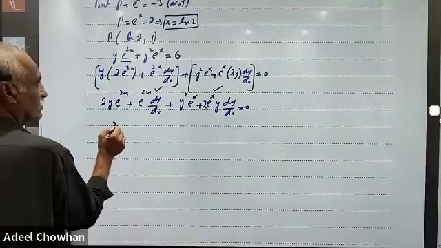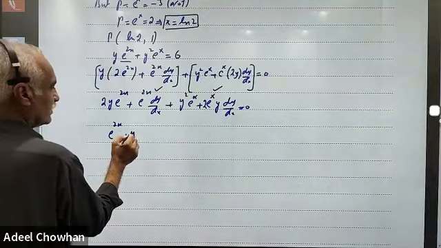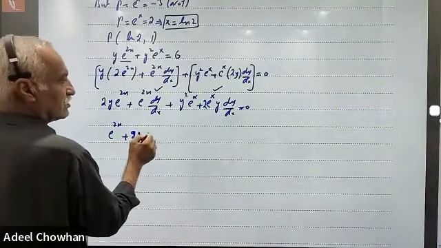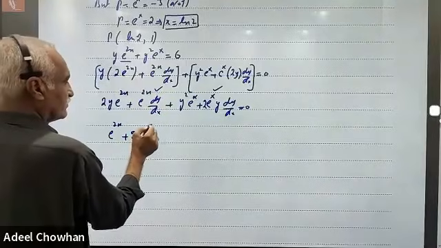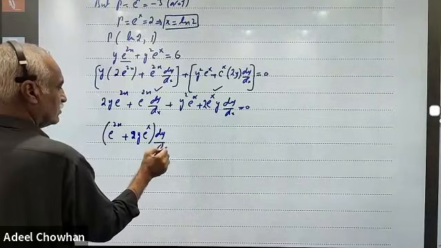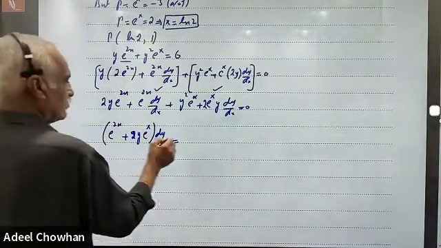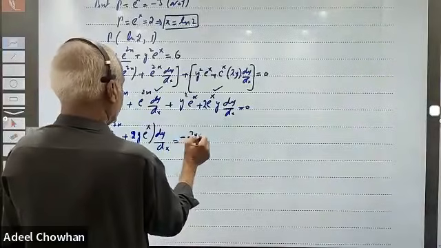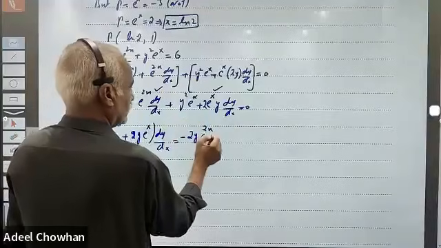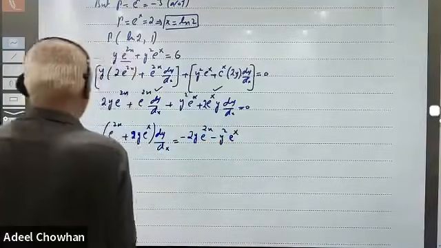So e power 2x plus 2y e power x into dy by dx is equal to minus 2y e power 2x minus y square e power x.